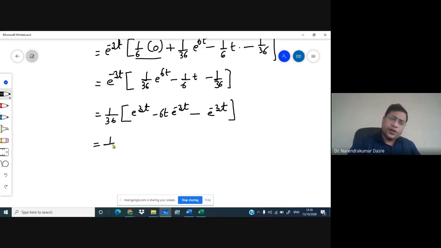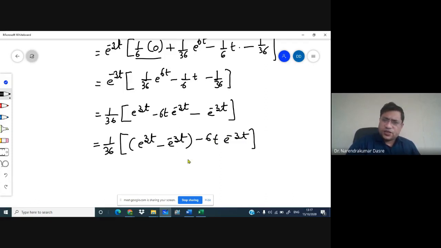Okay. So again what you can have is 1 by 36. This is e raised to 3t, minus e raised to minus 3t, minus 6t e raised to minus 3t. So what do I know for this? We have hyperbolic sine of x is equal to e raised to x minus e raised to minus x by 2.